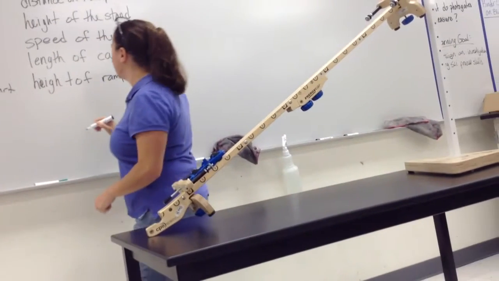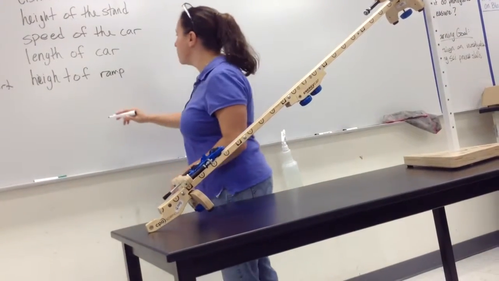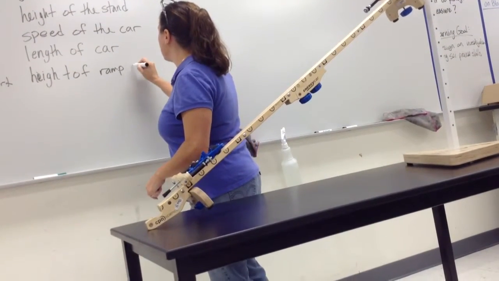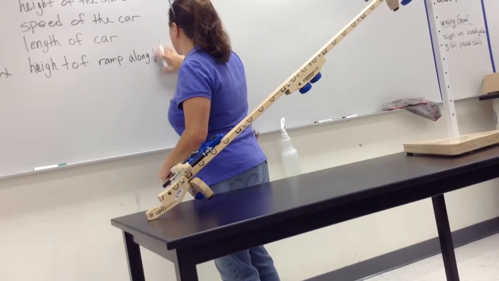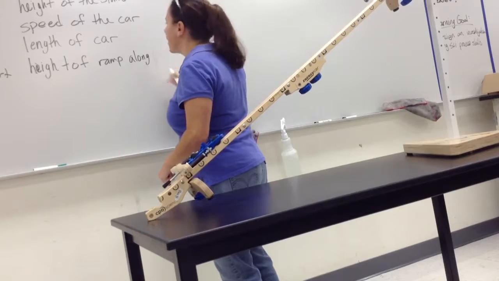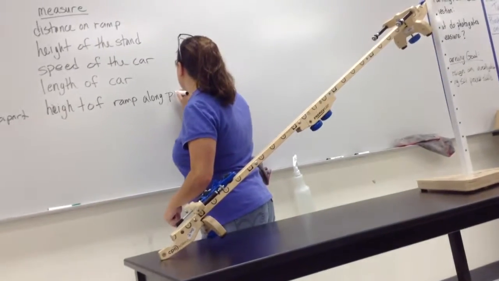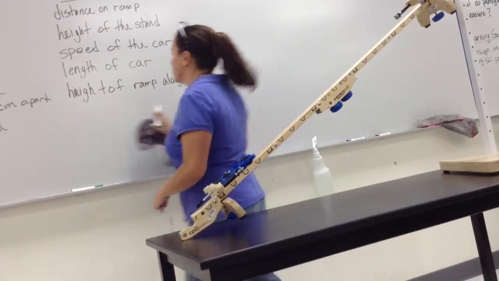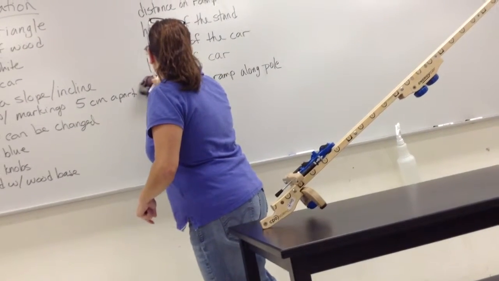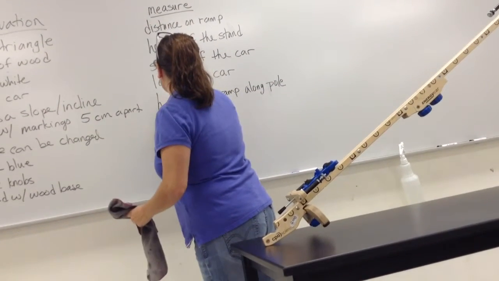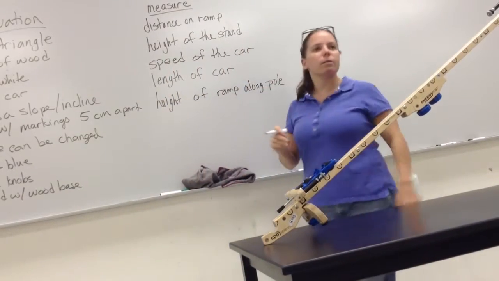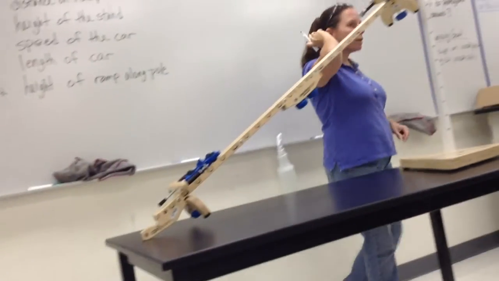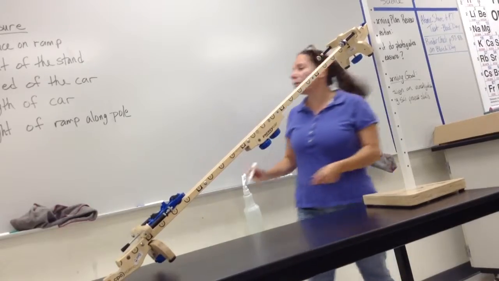Okay, that's bad spelling, but anyway, height of ramp. Yeah, I have to fix it. Along the pole, right? Okay, the height of the ramp on the pole. Tristan. Okay, how long it takes?